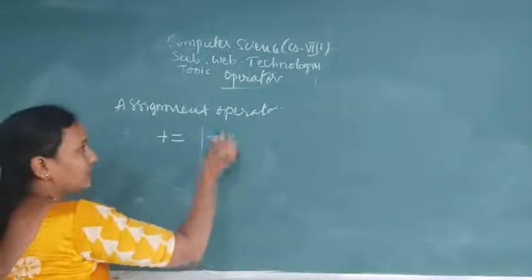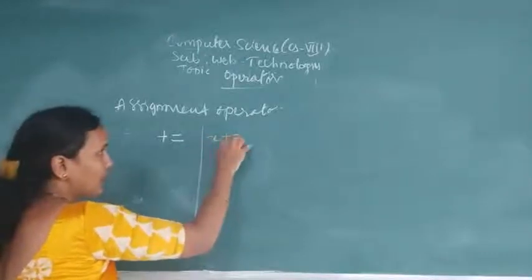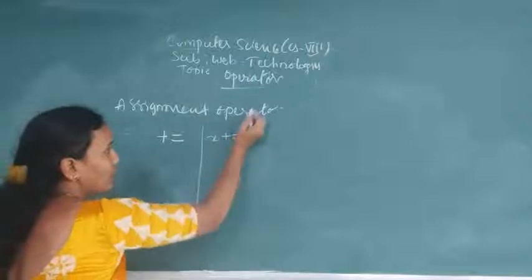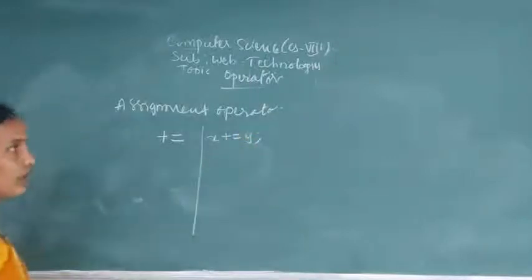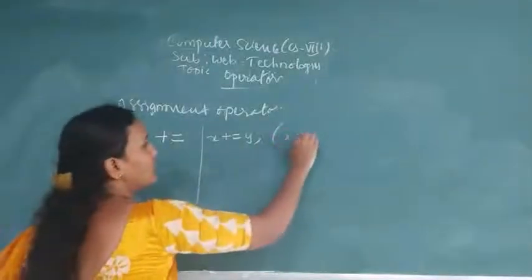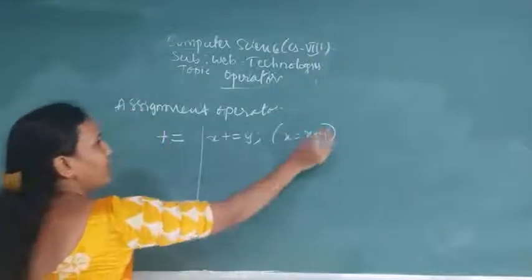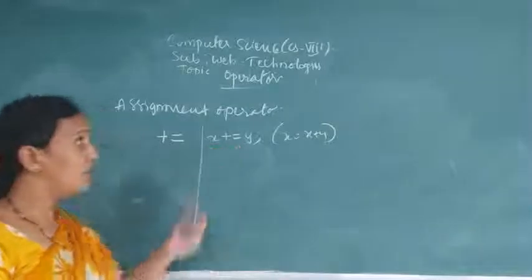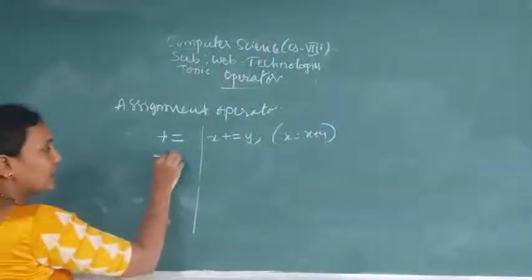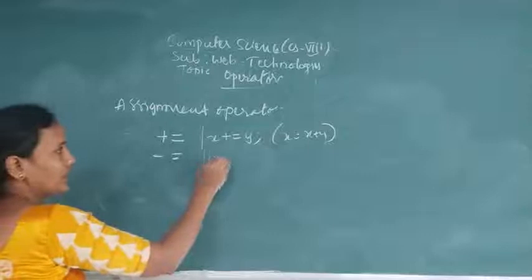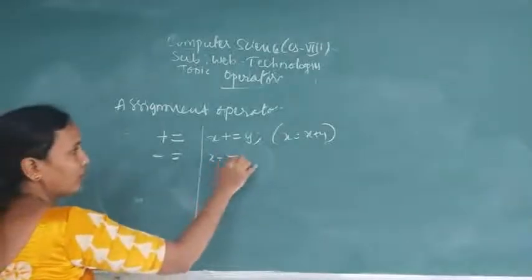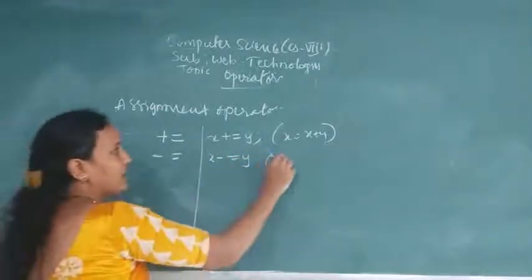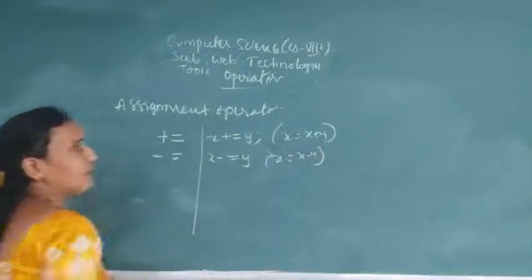Then example, x plus equals y. Okay, so this is an expression. Understood? What it actually means is x equals to x plus y. We are writing it like this. Next, minus equals to. You can write x minus equals to y. What it means is x equals to x minus y.